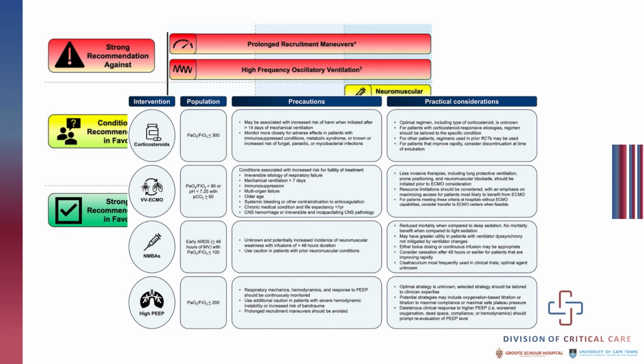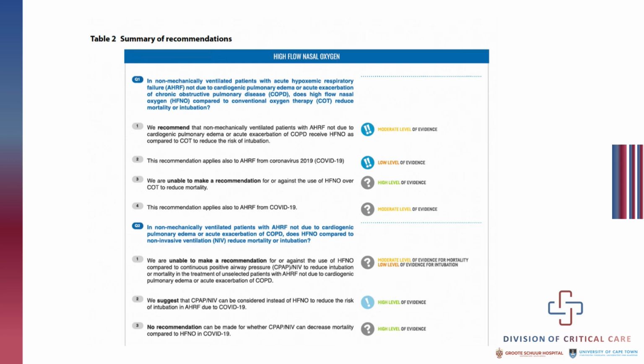And I've just put this slide in because we always talk about high flow. And just to say that high flow doesn't really come with a lot of high grade evidence in terms of showing benefit.